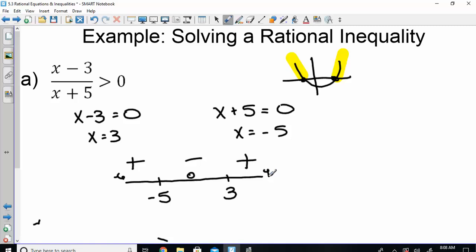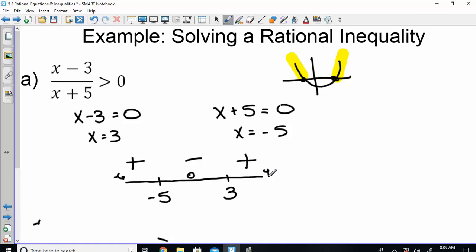So if you put in negative 6, you would have a negative divided by a negative, which is positive. If I put in 0, 0 minus 3 is negative, 0 plus 5 is positive, negative divided by positive is negative. If I put in a 4, 4 minus 3 is positive, 4 plus 5 is positive, positive divided by positive is positive. So you can get it either by picking numbers and plugging them in, or looking at the graph.